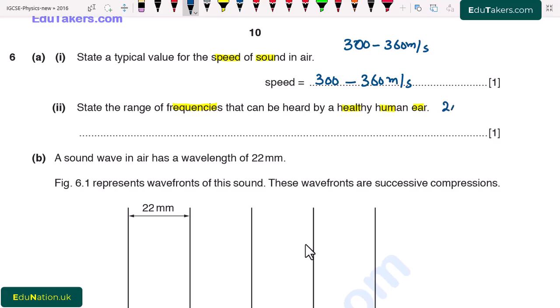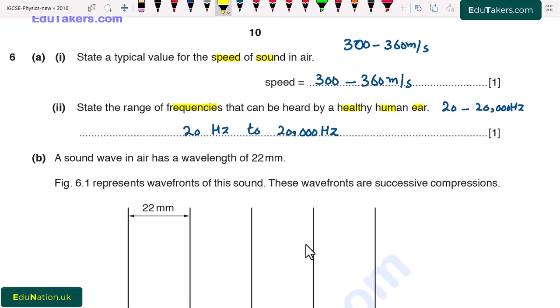I write here 20 to 20,000 Hz. It means that the range of frequency that can be heard by a healthy human ear is 20 Hz to 20,000 Hz.